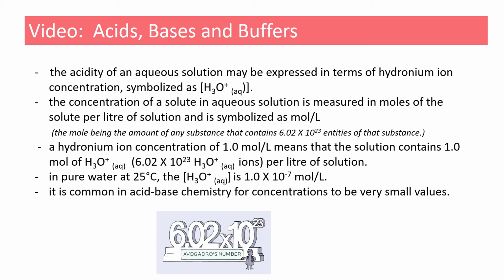In pure water at 25 degrees, the concentration of H3O+ is 1.0 times 10 to the negative 7 mole per liter. It is common in acid-base chemistry for concentrations to be very small values.